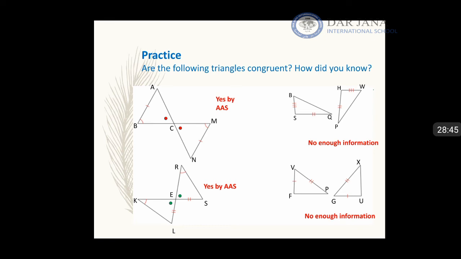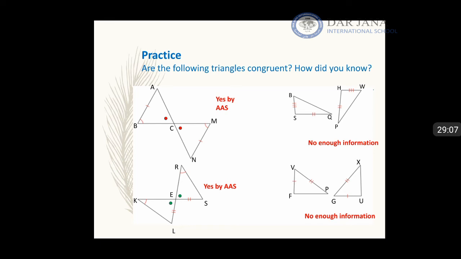We also have the side EL congruent to ES, but this side is non-included side. It's not included within the angles we have. So here we can use the angle side postulate to prove that the triangle KEL is congruent to the triangle RES.